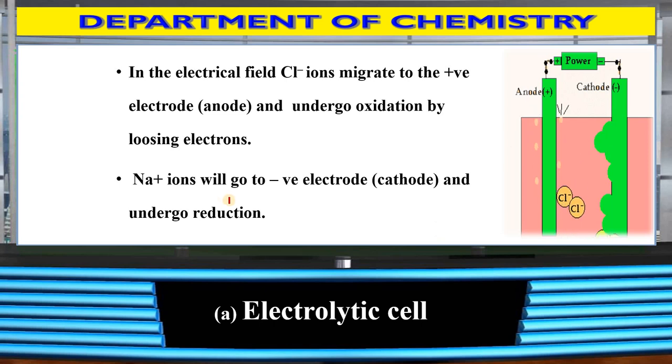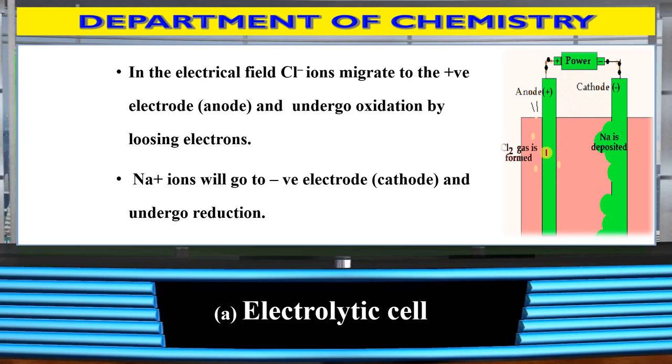It means Na plus ion will go to the negative electrode and undergo reduction reaction. When Cl minus ion goes towards the positive electrode, at that time Na plus ion goes towards the negative electrode.